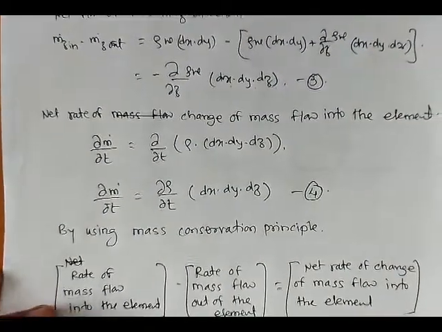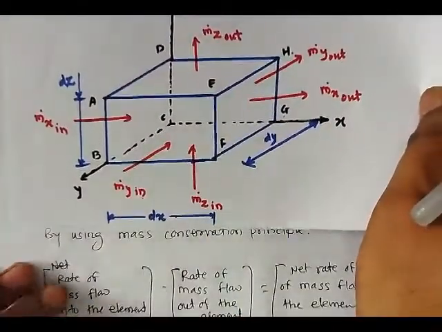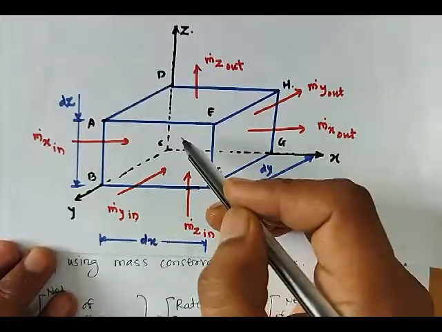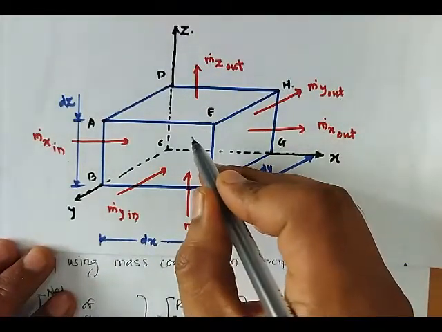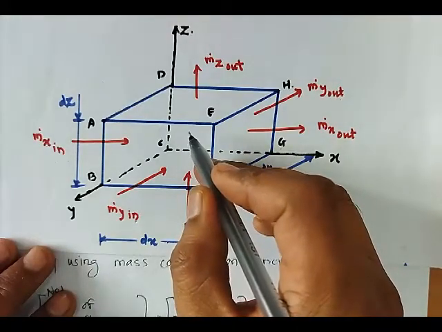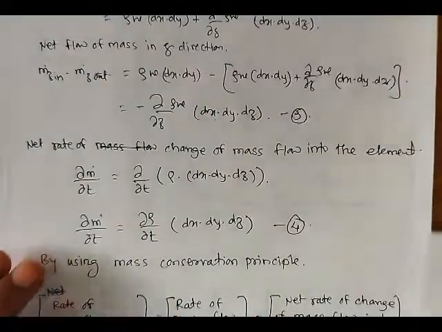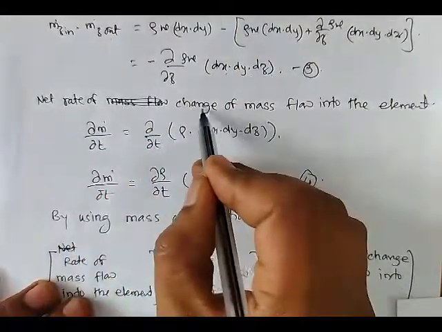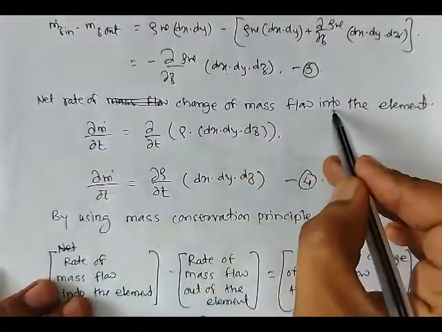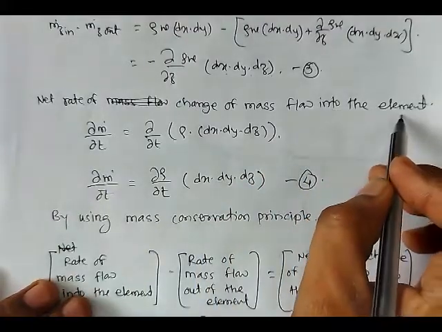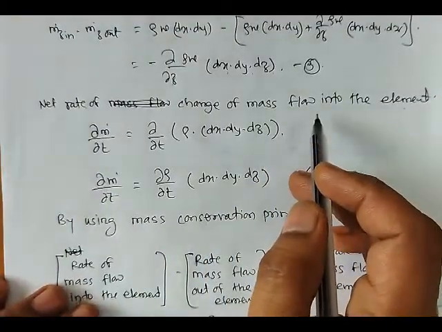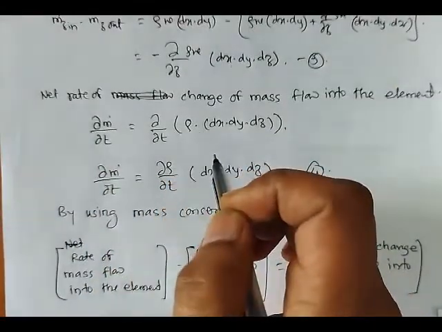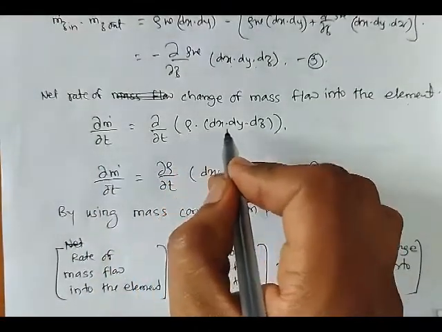Now after supplying all this mass inflow and outflow, there will be a net rate of change of internal mass of this element. To find this, we calculate the net rate of change of mass flow into the element with respect to time, because mass is calculated by using density multiplied with volume.